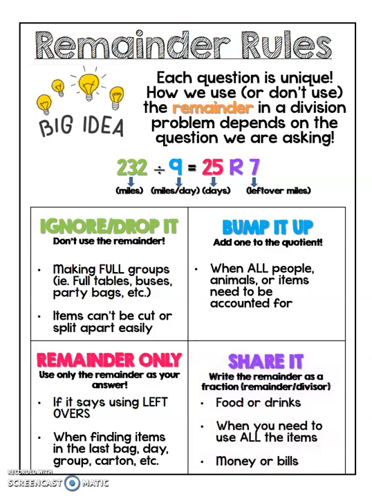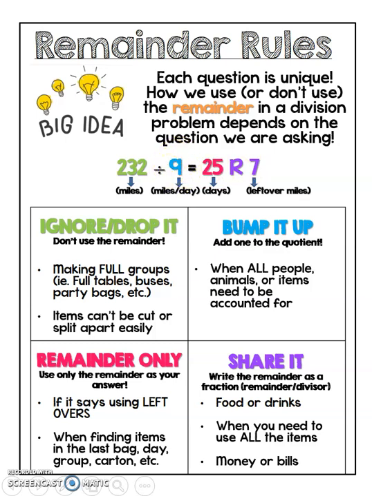And finally, we might need to share our remainder. Sharing our remainder means we're writing it as a fraction. So we would take the remainder and make it our numerator, and take the divisor and make it our denominator. In this case, that would make our final answer 25 and 7/9.